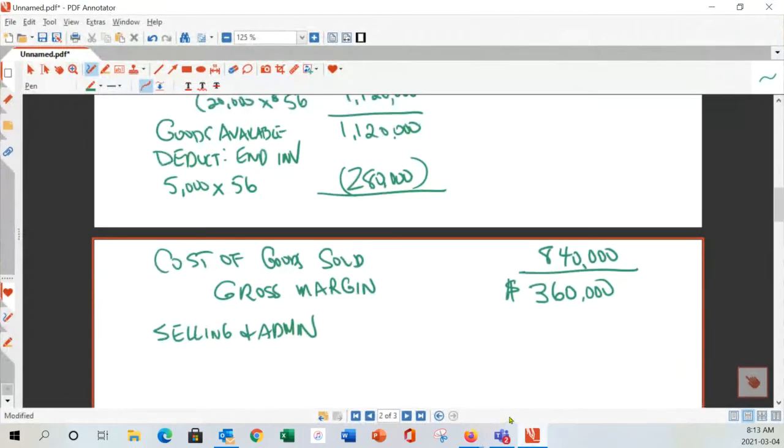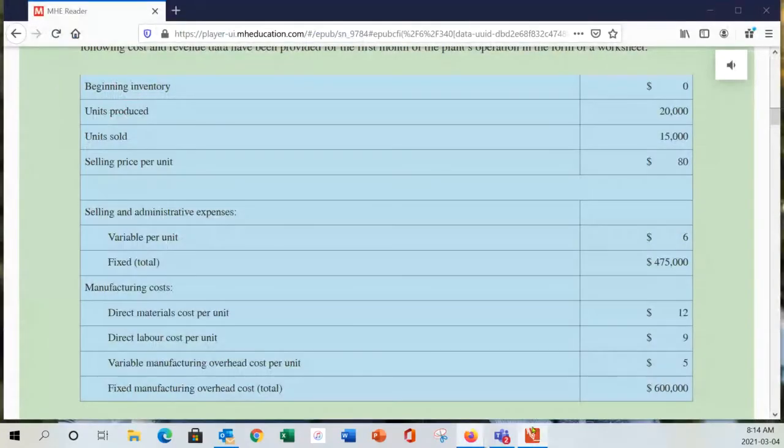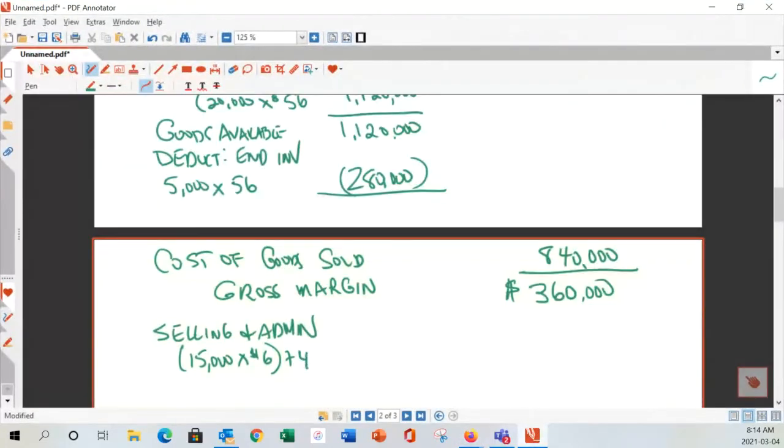So I'm going to take units sold times the $6 given and add the fixed to that, the 475. Okay, so take 15,000 times 6, and I think it's 90, so 90,000 and 475 for 565.